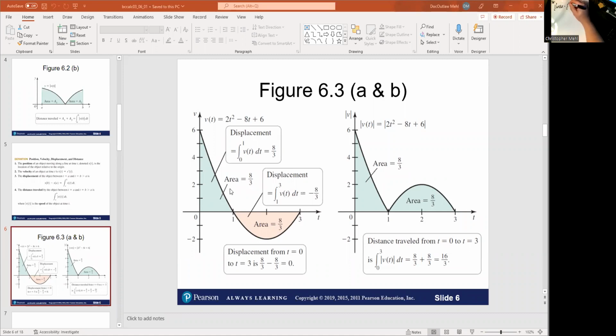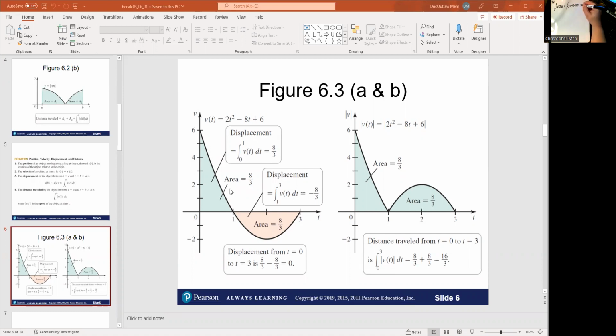So from 0 to 1, we're integrating 2t cubed minus 8t plus 6 dt. On those portions where it's negative, we're doing the negative of the function.